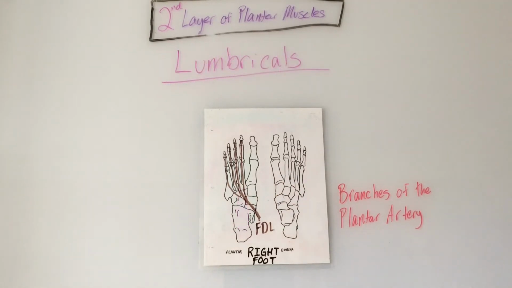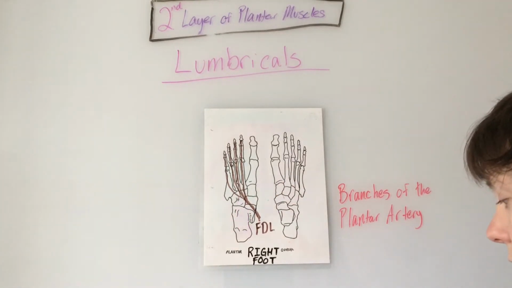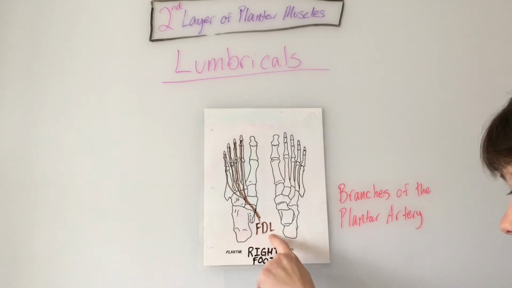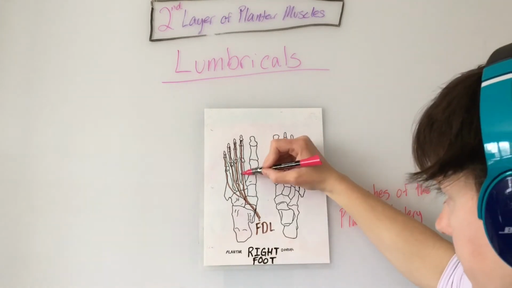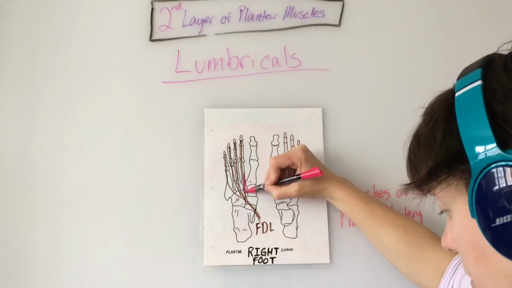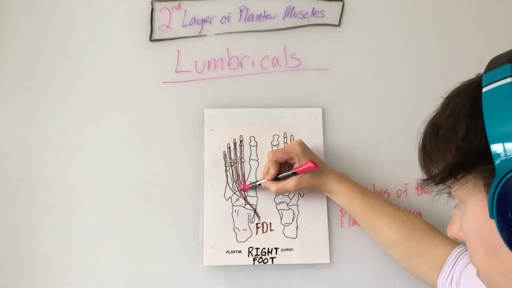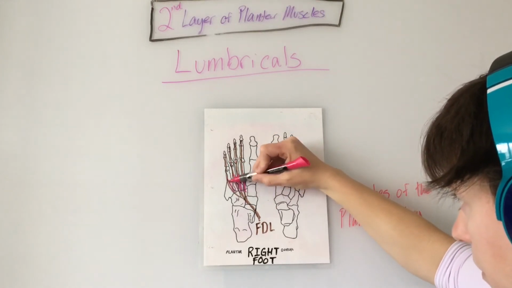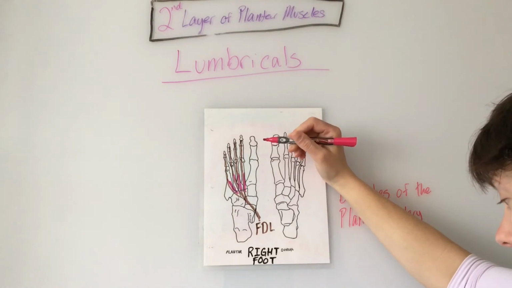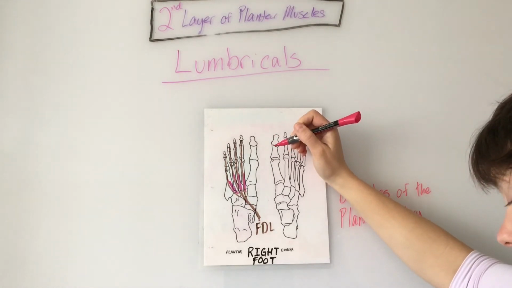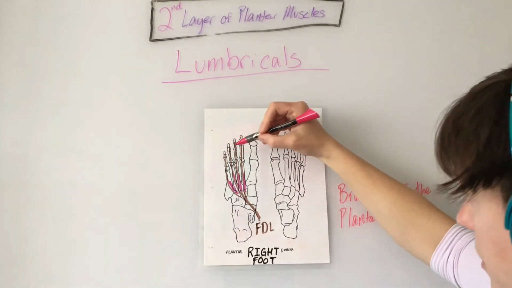The lumbrical muscles originate on the flexor digitorum longus tendon on the medial sides of the tendon, and they insert on the dorsal digital expansion of the four lesser toes medially.